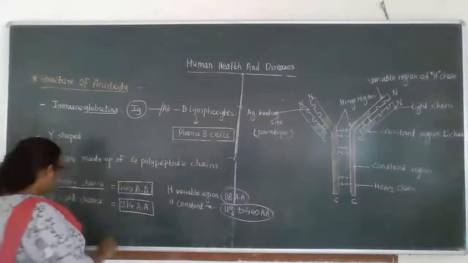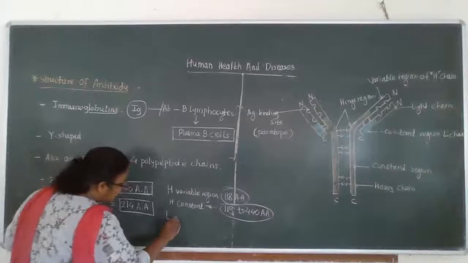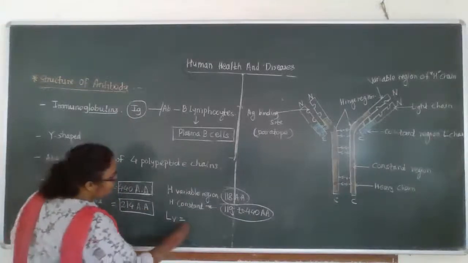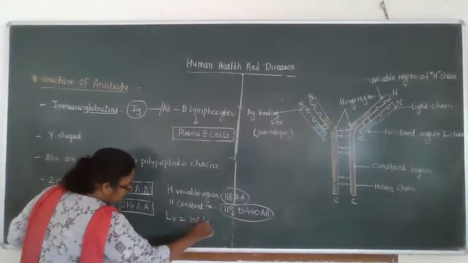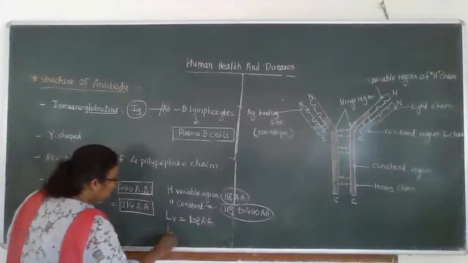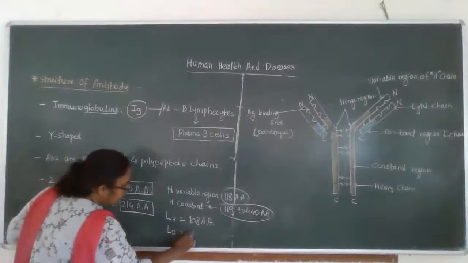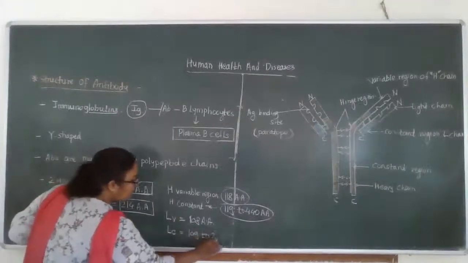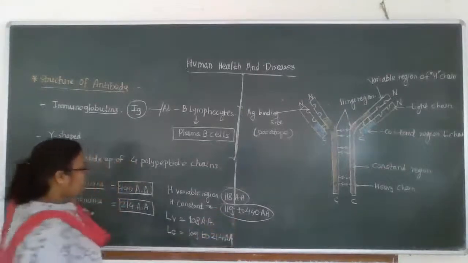Then the next one is related with the light chain. The light chain also has a variable region. This variable region of the light chain is made up of about 108 amino acids, while the constant region of the light chain is made up of 109 to 214 amino acids.